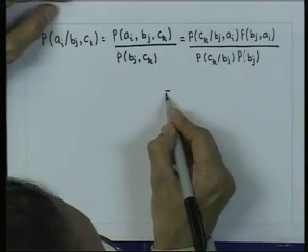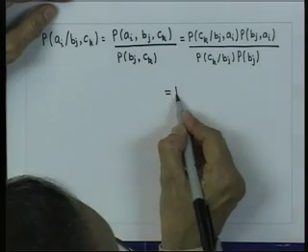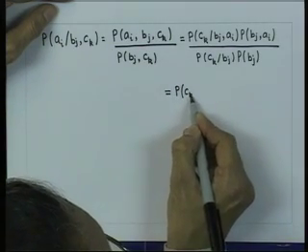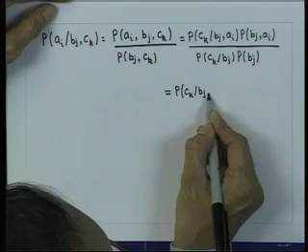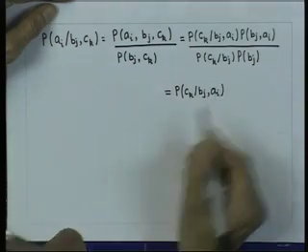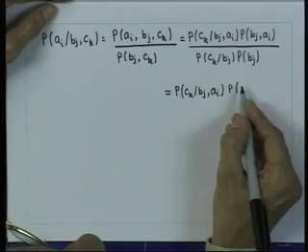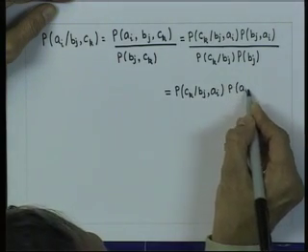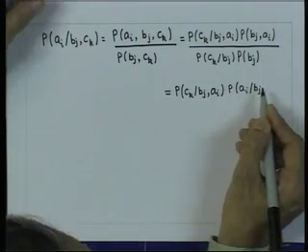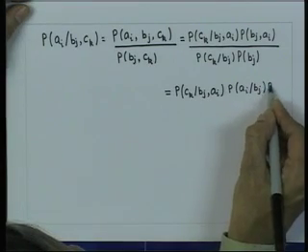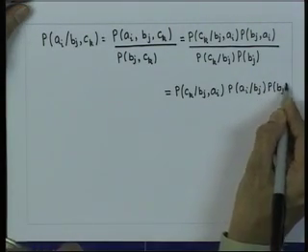Now, this can be further simplified as probability of C k given B j A i. This is equal to probability of A i given B j multiplied by probability of B j.